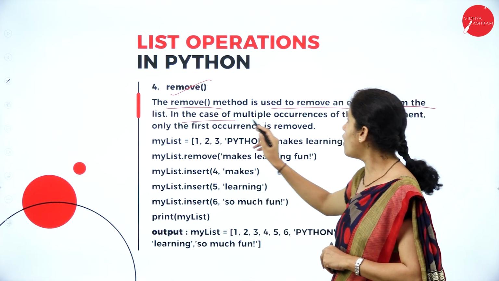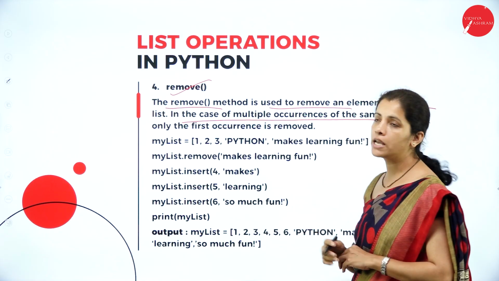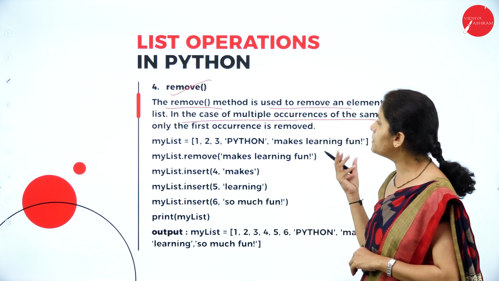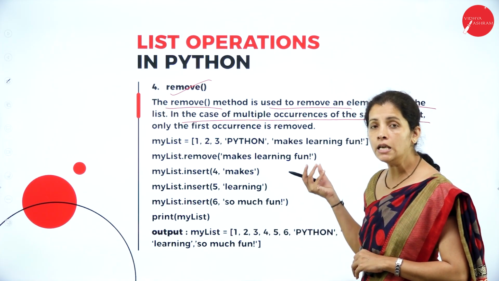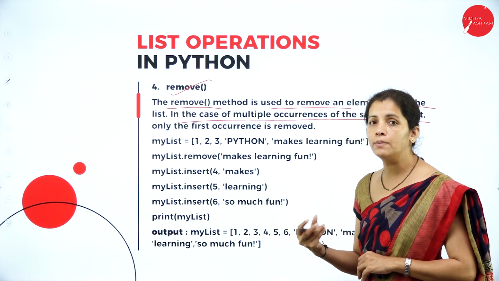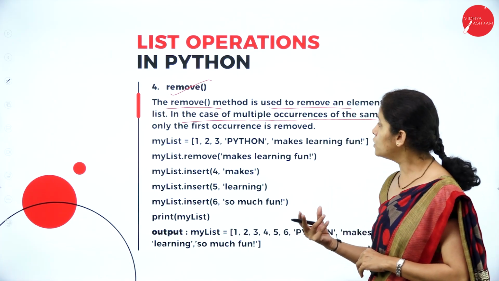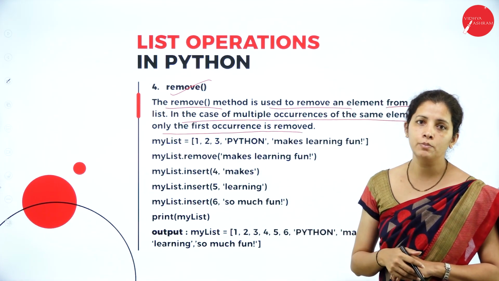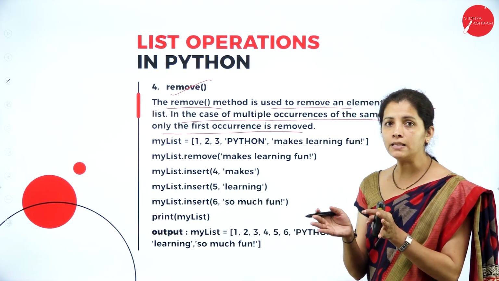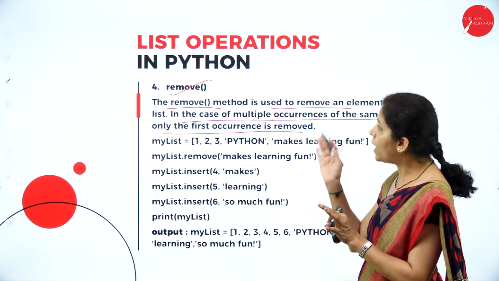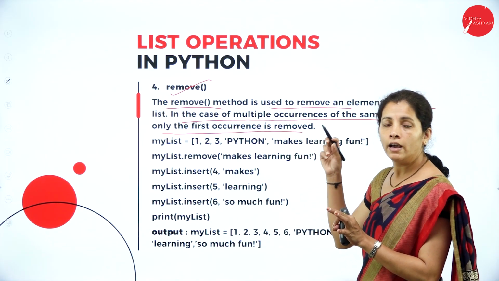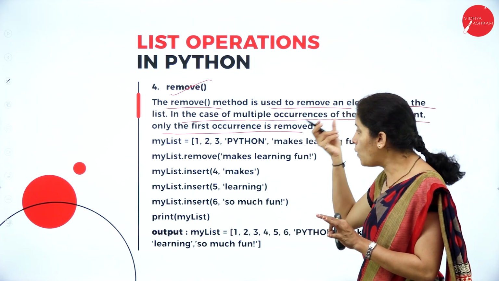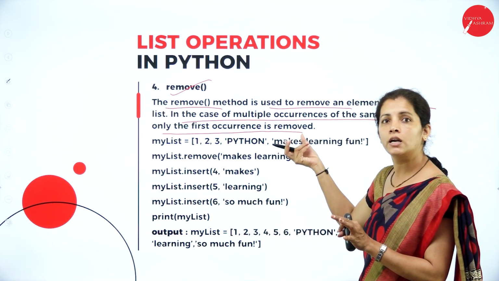In the case of multiple occurrences of the same element, what is multiple occurrence? That is nothing but the same element repeated more than once, a duplicate entry. Only the first occurrence is removed. So the element is present twice, but while removing, only one element is going to be removed.